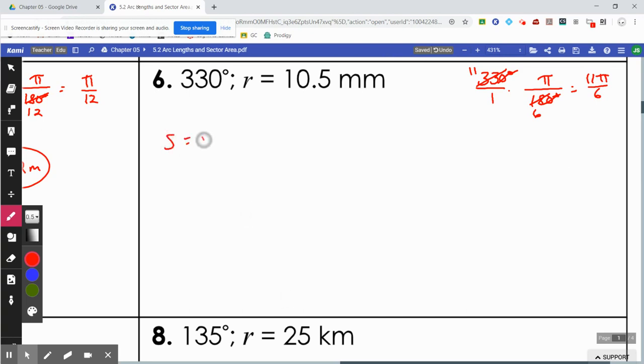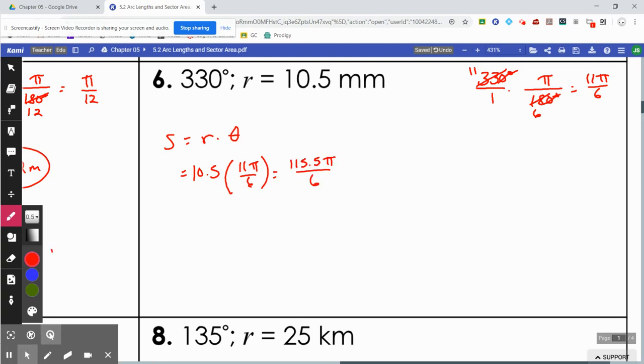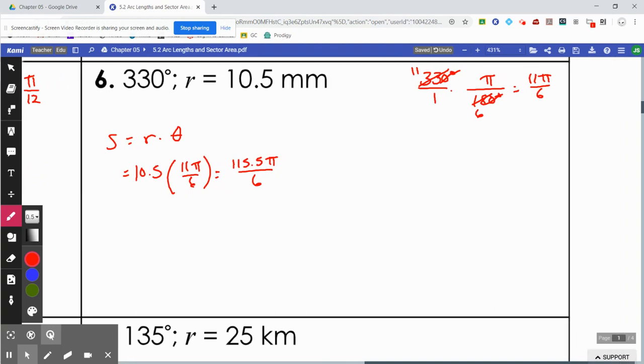So your arc length is equal to radius times angle. The radius is 10.5. The angle is 11 pi over 6. When you multiply that together, you get 115.5 pi over 6. You can double top and bottom if you want to get rid of the decimal. That gives you 231 pi over 12.